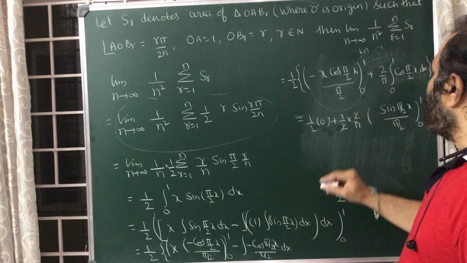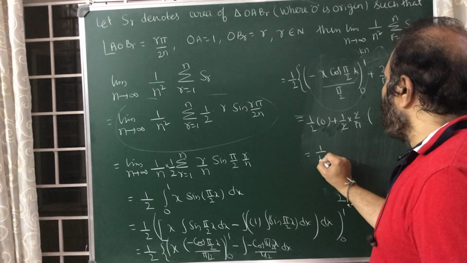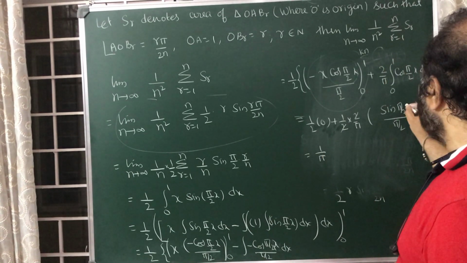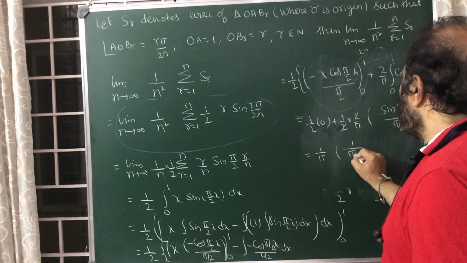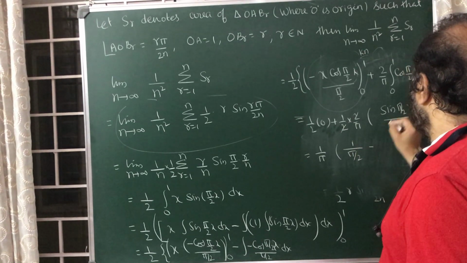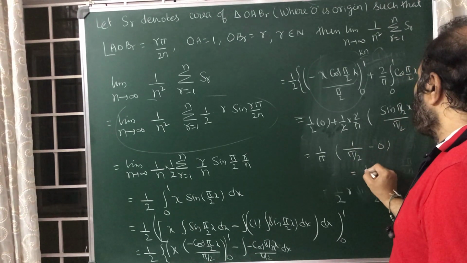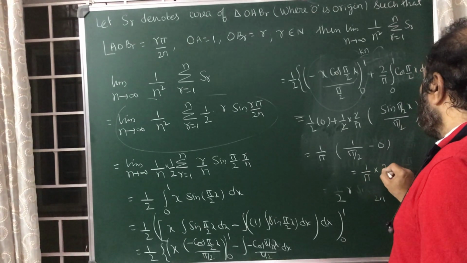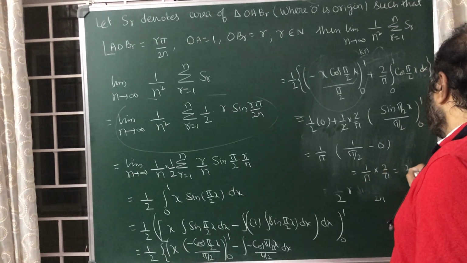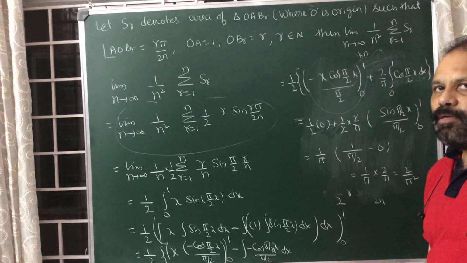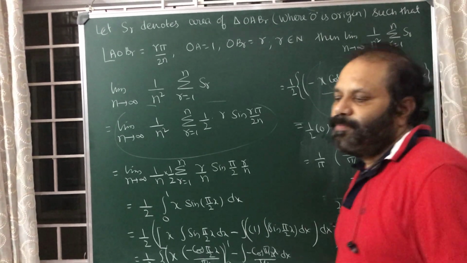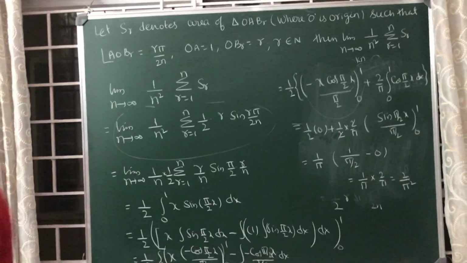Here the 2 gets cancelled, and it is nothing but 1 by pi into, if I substitute x equals 1, sin pi by 2 is 1, divided by pi by 2, minus, if I put x equals 0, 0. Therefore this is 1 by pi into 2 by pi. The answer is 2 by pi squared square units.